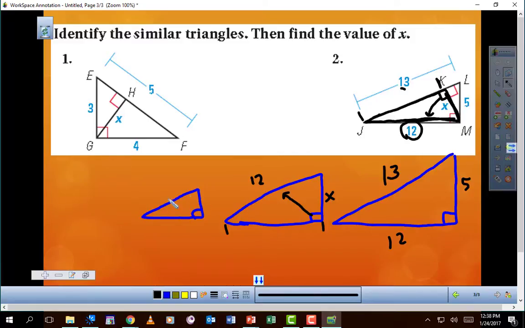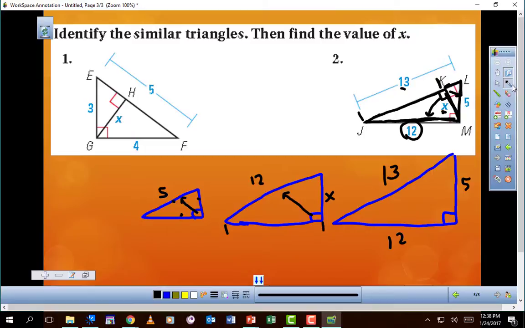Now let's move on to this triangle. The hypotenuse is over here, so that means the hypotenuse over here should be 5. And then on this small triangle, where should the x go? You have 3 sides. We figured out the hypotenuse, so the x either has to go here or here.